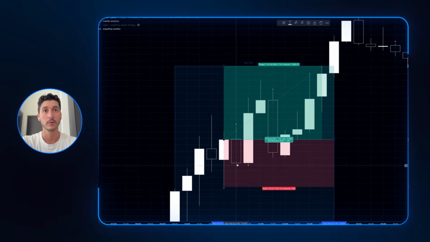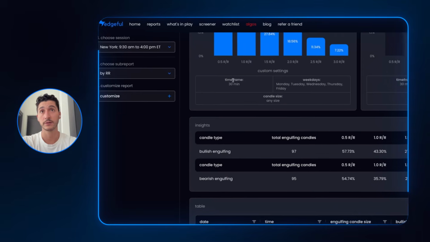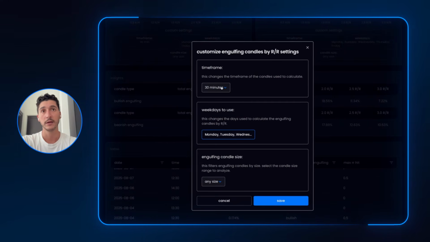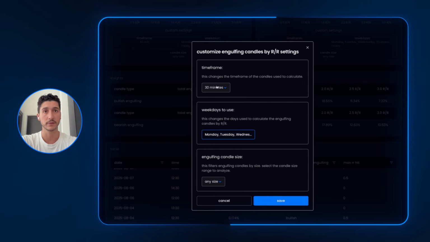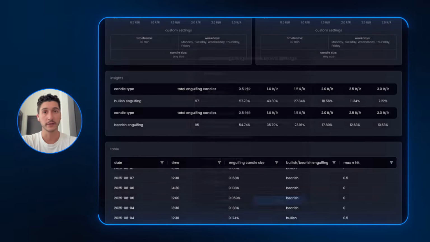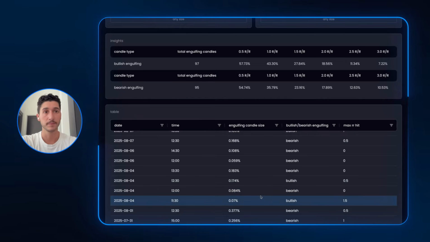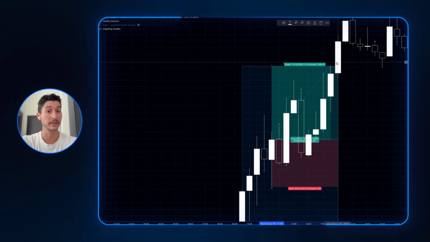What time did this start? 11:30. By the way, I'm on the 30-minute time frame, so you can change the time frame right here. That's the candle time frame. Super important, obviously, for this report. We have the weekdays to use, and we can filter by any size. But we see bullish at 11:30 touched the 1.5, which you can see right over here. It did continue, but that's out of the session, so that's not going to count.